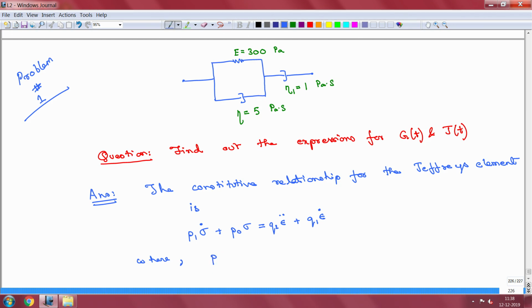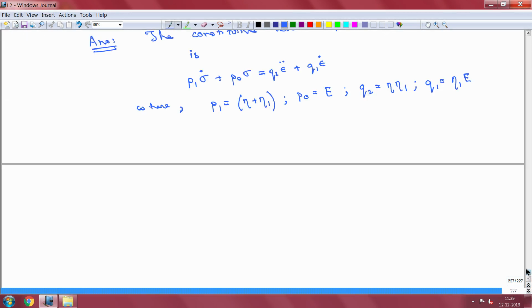So, P1 is equal to eta plus eta 1, P naught is equal to E, Q2 is equal to eta into eta 1, and Q1 is eta 1 times E. So, these 4 coefficients are well known. Now, we have to solve this particular differential equation.